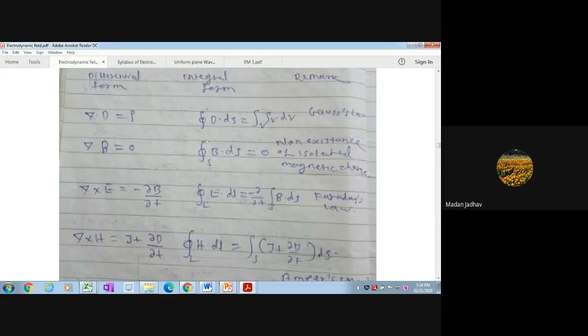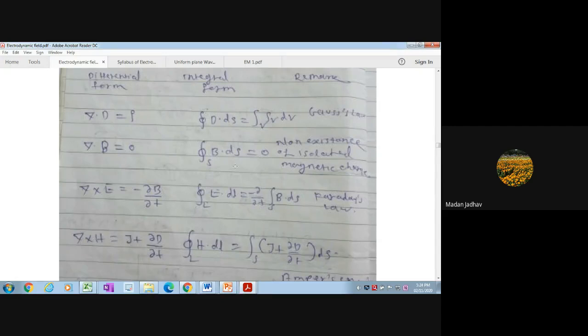Then there is another form, the divergence of B as the point form, and the integral form is the closed surface integral of B dot ds equal to 0, which means non-existence of isolated magnetic charges. You know that the closed surface integral of B dot ds will be 0, the net flux inside the closed surface is equal to 0.